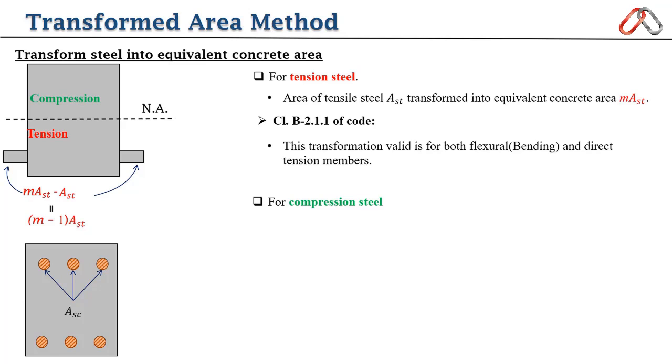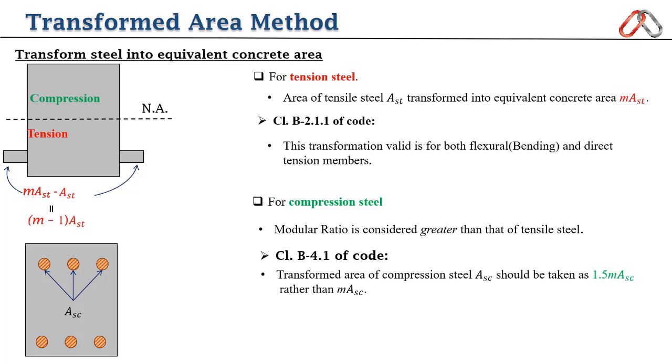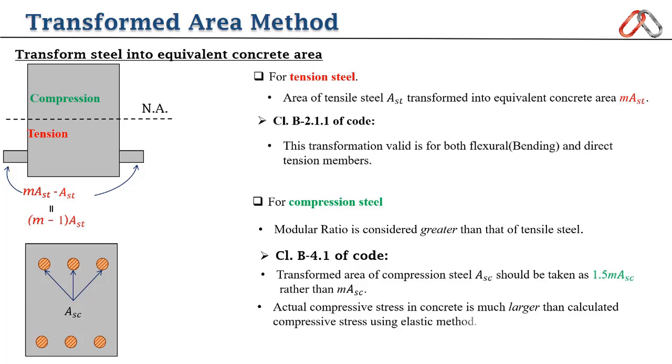If we look at compression steel, the value of modular ratio is considered greater than that of tensile steel. Here the code suggests that the transformed area of compression steel Asc should be taken as 1.5 m Asc rather than m Asc, because the actual compressive stress in concrete is much larger than the calculated compressive stress using the elastic method.